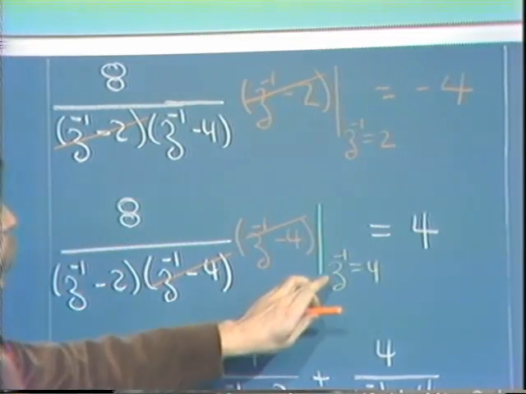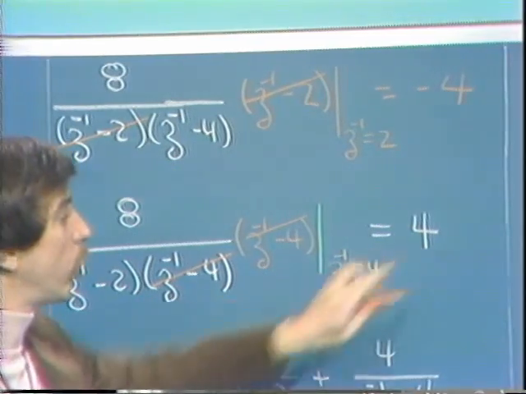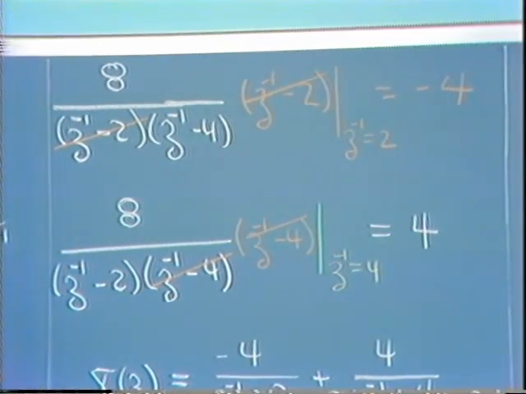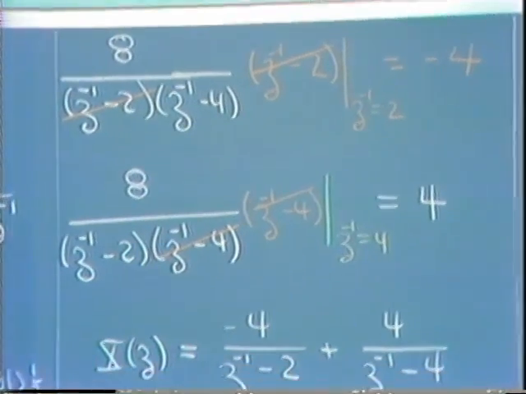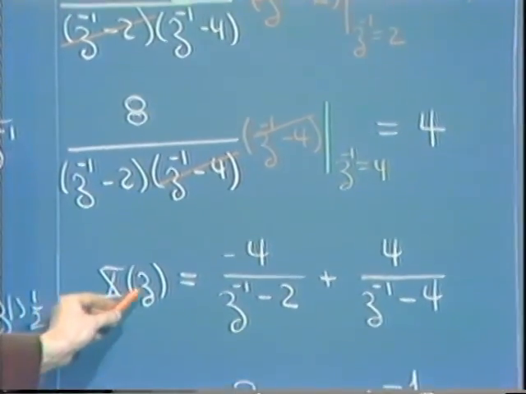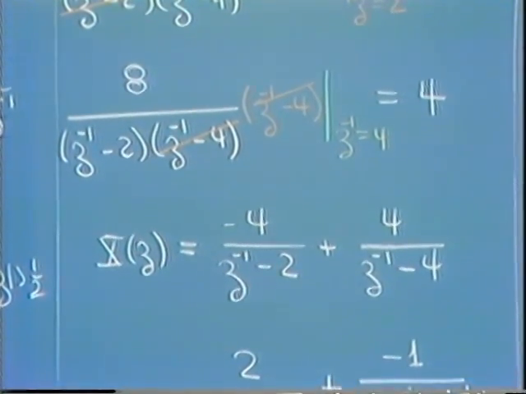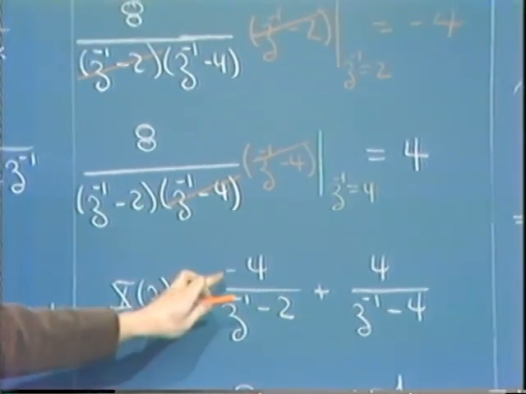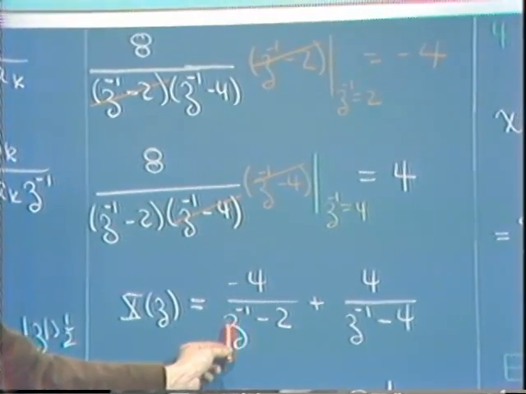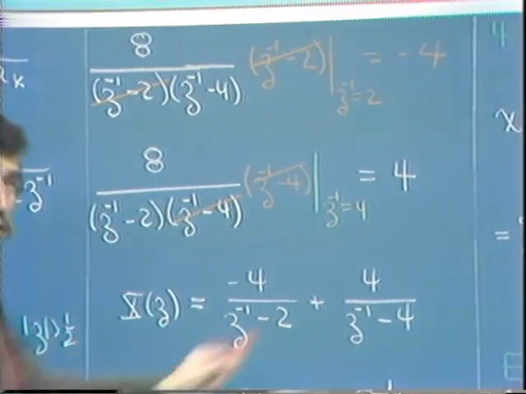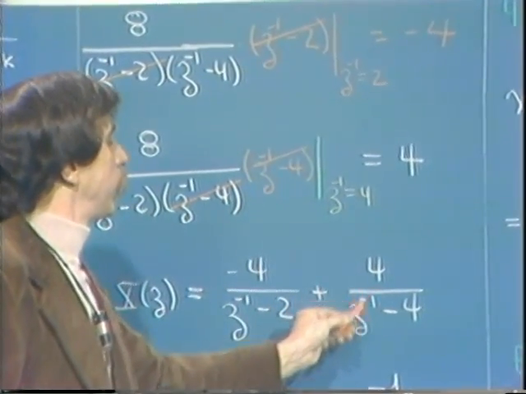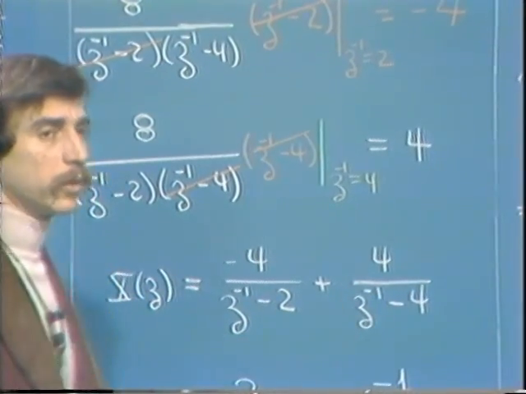And the residue at z to the minus 1 equals 4 is equal to 4. Consequently, the partial fraction expansion for this x of z is minus 4 over z to the minus 1 minus 2 plus 4 over z to the minus 1 minus 4.